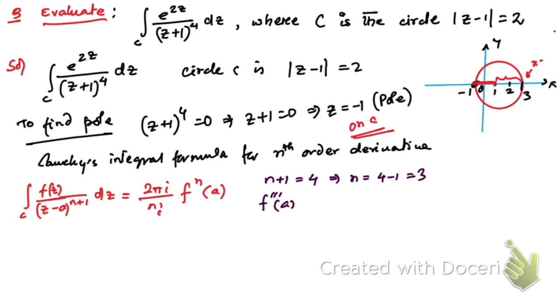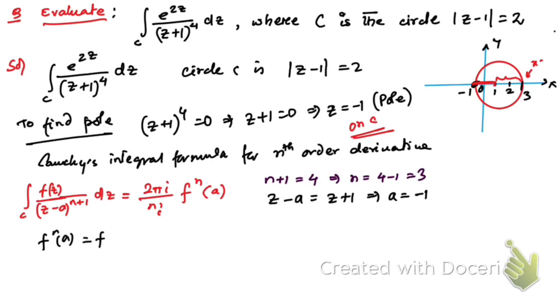So what is going to be the a here? Let me write that one also. Here z minus a is z plus 1, so a is going to be equal to minus 1 if you simplify this. Then first let us find f triple dash at a.